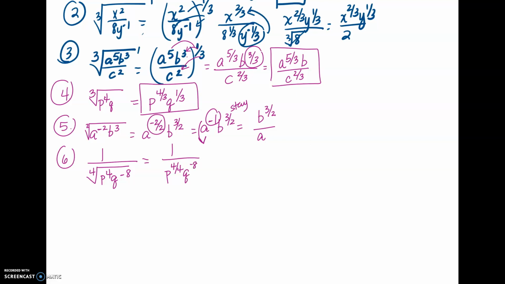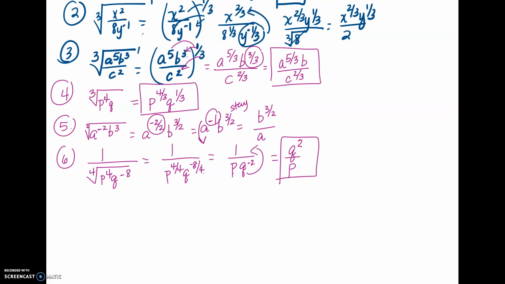Q to the negative 8 power to the 4th root. And we know that 4 over 4 is 1, so that's just 1 divided by p. And negative 8 over 4 is negative 2. We can't have that negative exponent, so it's coming up, and this becomes q squared over p. And that's how we will leave it.